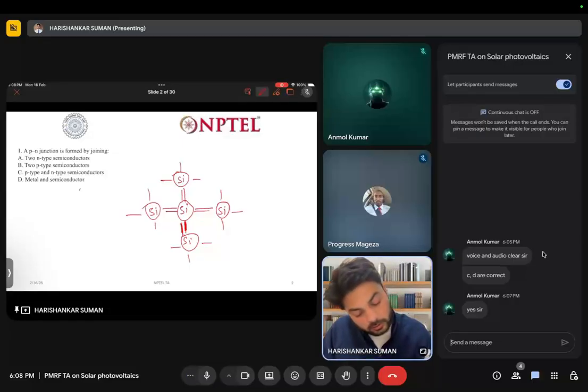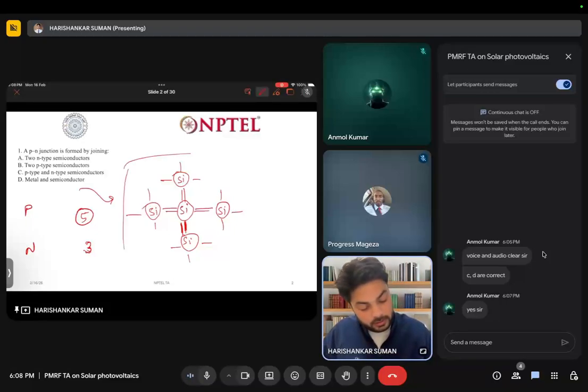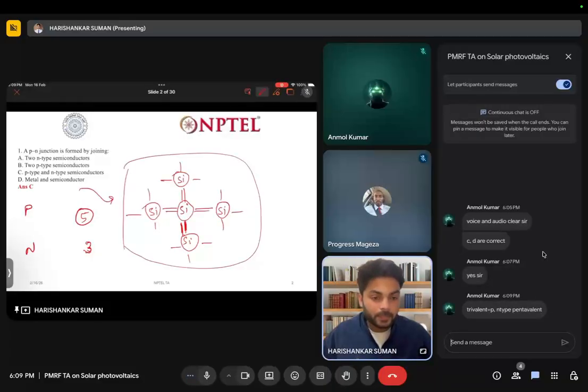When we add a pentavalent or trivalent element, which one is responsible for P-type and which for N-type? How can we make a P-type semiconductor from this intrinsic semiconductor?